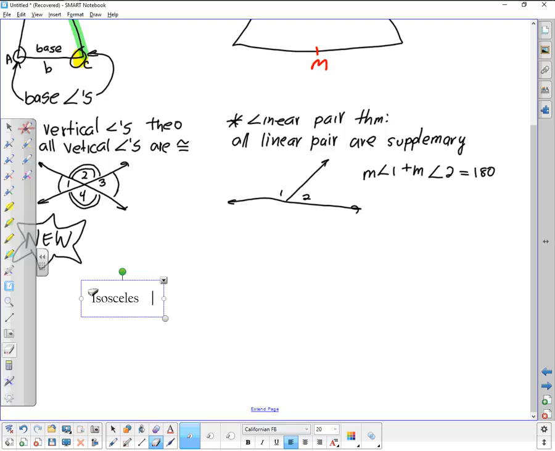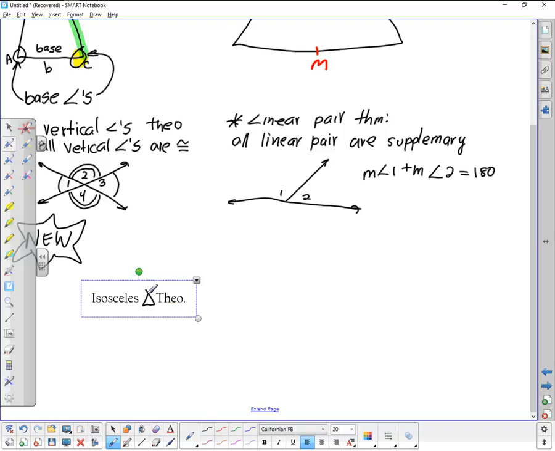Sorry, and this one says the following. To save me in the writing, I'm not going to write triangle. I'm just going to put the symbol for triangle. Isosceles triangle theorem, and that theorem says the following.